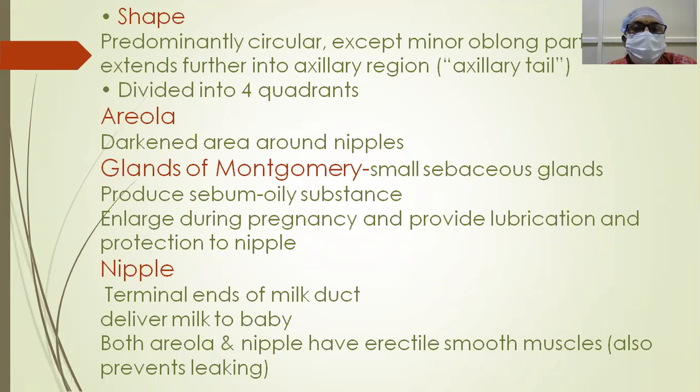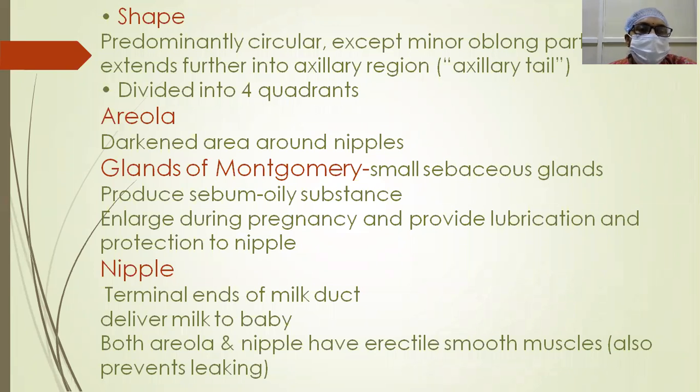So, how is the shape of the breast? Predominantly it is circular, except minor oblong part which extends further into the axillary region. It is called the axillary tail. So the breast is divided into 4 quadrants. What is areola?